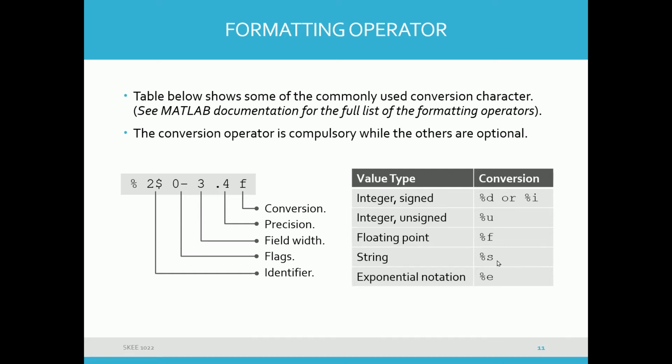Okay, %e is exponential, like 1 multiplied by 10 to the power of 3, -3, -4, something like that. This is the scientific way to show the result. Okay, %f is floating, or sometimes you can also use %g.